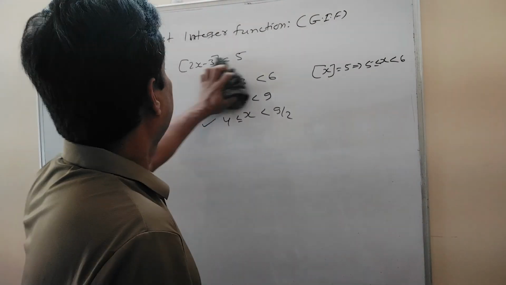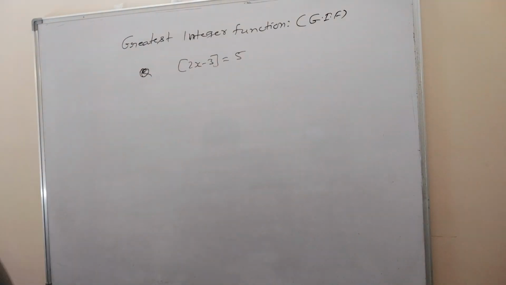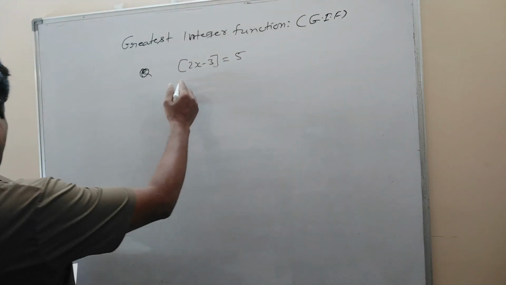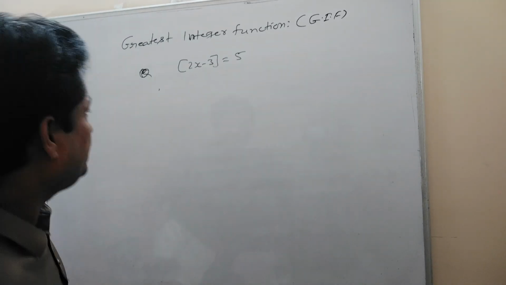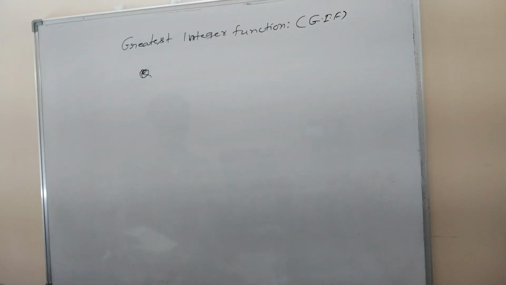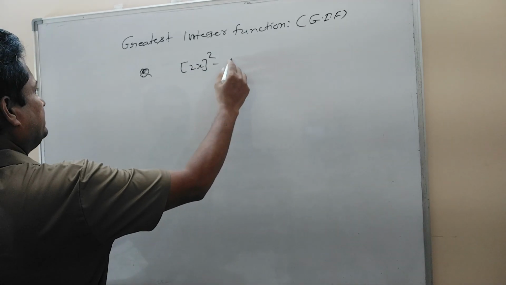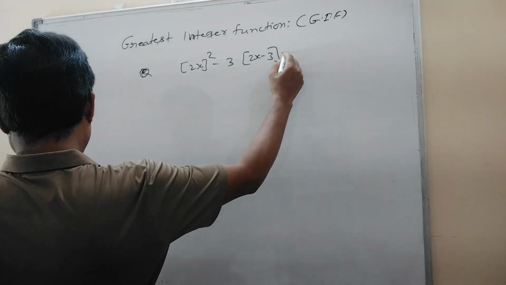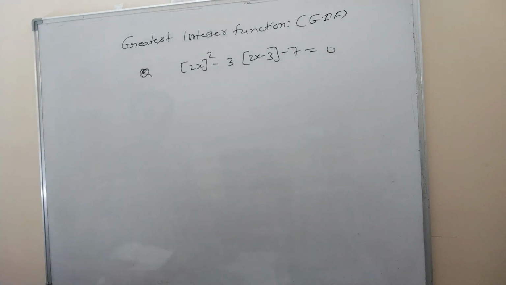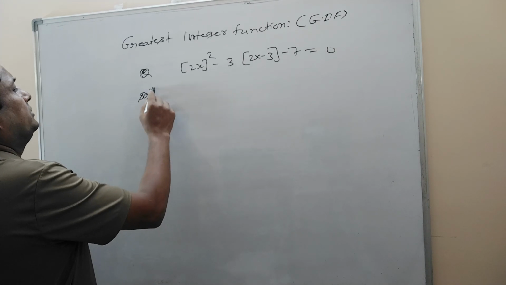Now next one, let's say we solve this question: greatest integer of 2x whole square minus 3 times greatest integer of 2x minus 3, and then minus 7 is equal to 0. What will be the solution of this one?